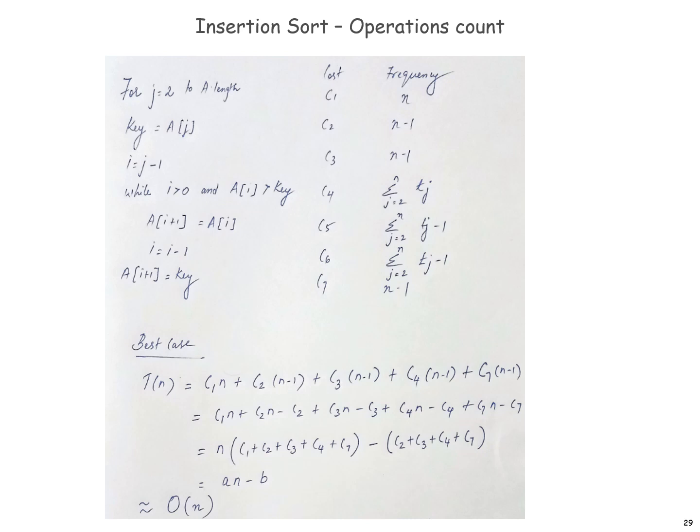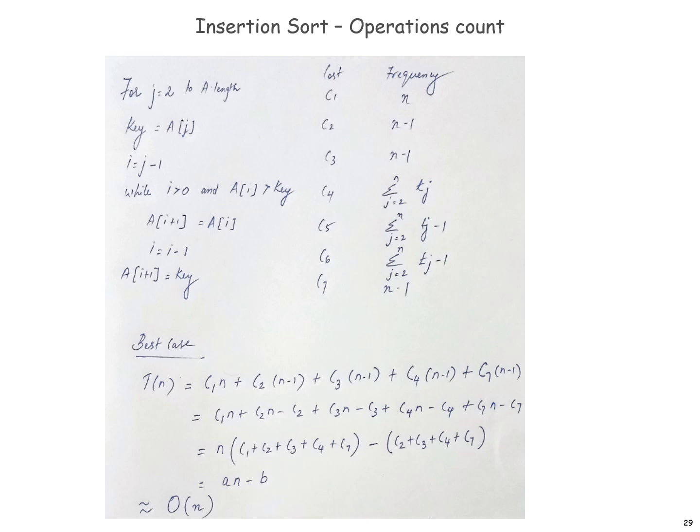Here we are going to analyze the time complexity of insertion sort using operation count. In order to analyze the time complexity using operation count, we have to identify each executable statement and provide a cost value for each of them. The cost varies for each executable statement, so here we are giving various cost values, C1, C2, C3, and all these are constants.